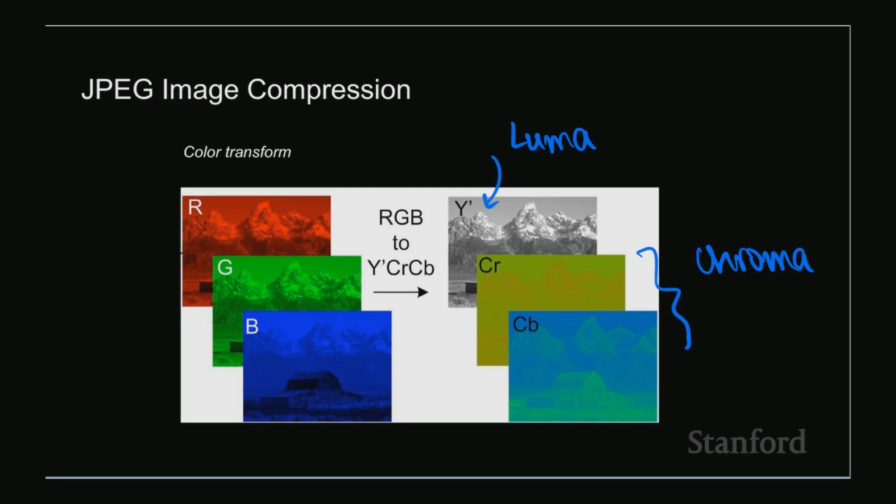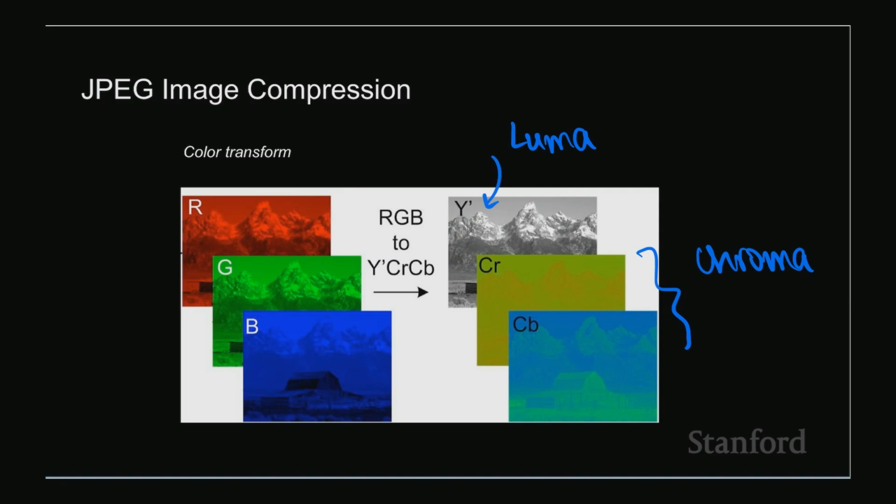So you can decorrelate your image from RGB to one channel just storing the average value. In this case, you can see this mountain structure is translated mostly to the grayscale image of this RGB image. And then the chroma components take into account the color, which together will determine how this is supposed to look.